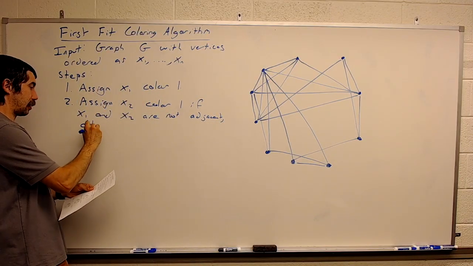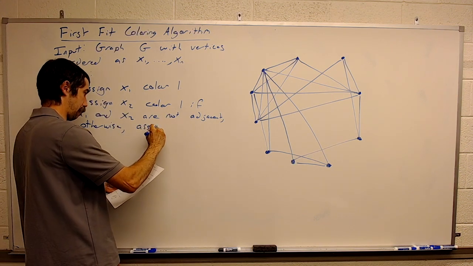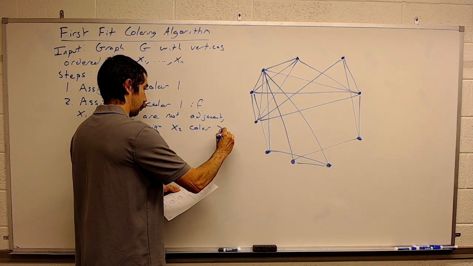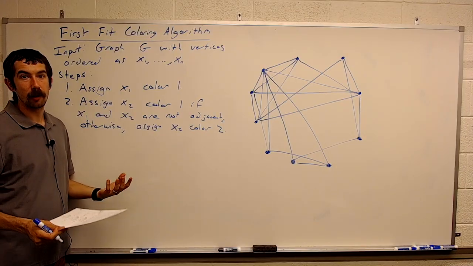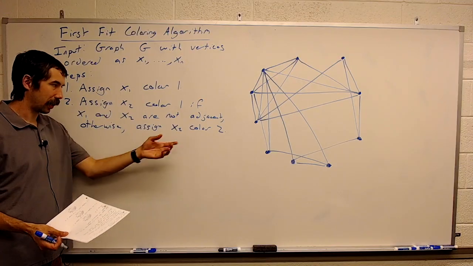If x1 and x2 are not neighbors, we'll assign x2 color 1. Otherwise, if x1 and x2 are neighbors, we'll assign x2 color 2.